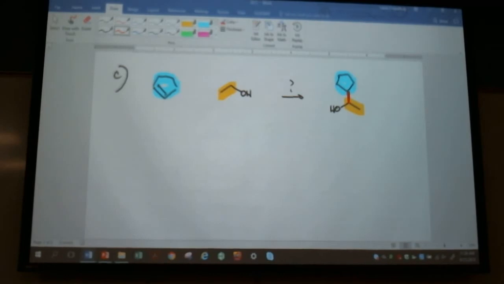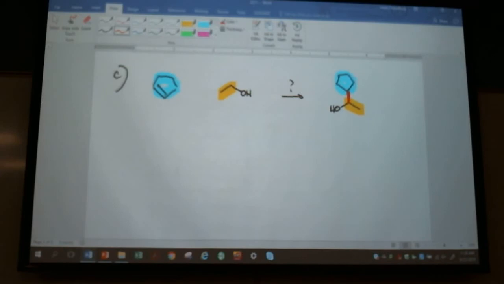Now, you conclude in here that you will likely need a Grignard. You don't conclude, oh, I'll just dose in some magnesium and miraculously this is all going to happen. We go back and we say, how do we make Grignards?